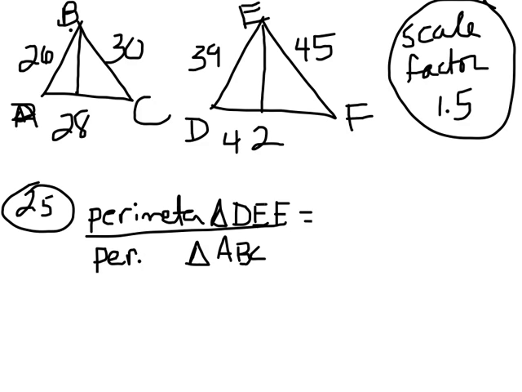So how do you find the perimeter? Add the sides. Okay, so 45 plus 39 plus 42, we get 126 on top. And then add up the sides for ABC also.